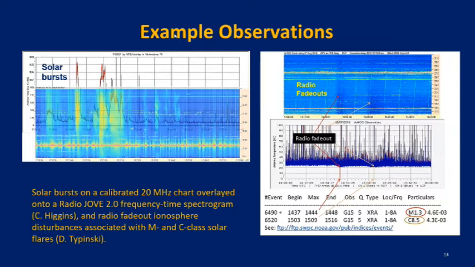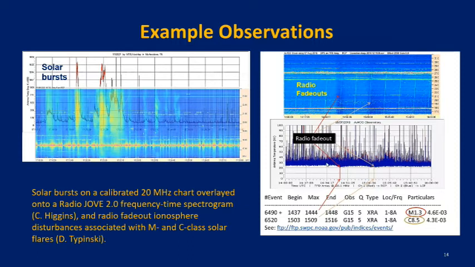Signals that would normally bounce off the ionosphere get absorbed, and you can actually see that absorption here in the spectrum, and even some of the individual radio channels that you see here at the top of the spectrum, you see them get fainter due to the absorptive nature of the ionosphere.